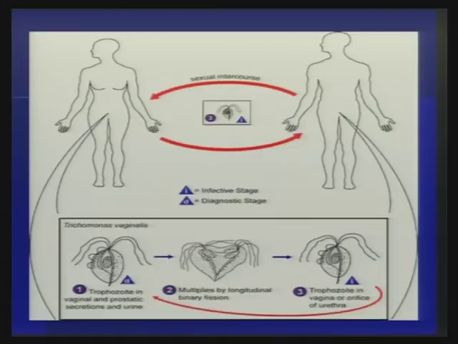The multiplication occurs in the host, and once outside the host, they die. They cannot survive outside the host. So this is a very simple life cycle, from one host to another host by sexual intercourse. That's the very simple life cycle of Trichomonas vaginalis.